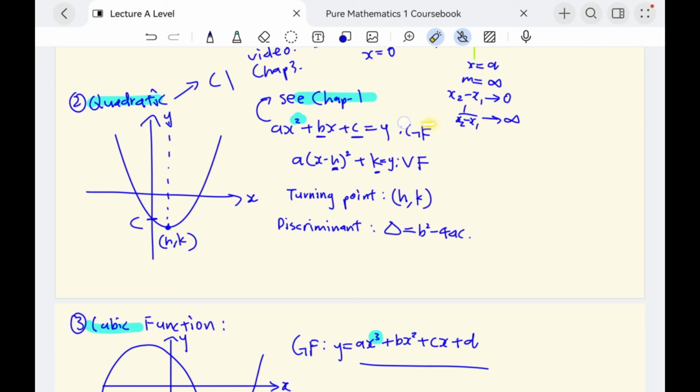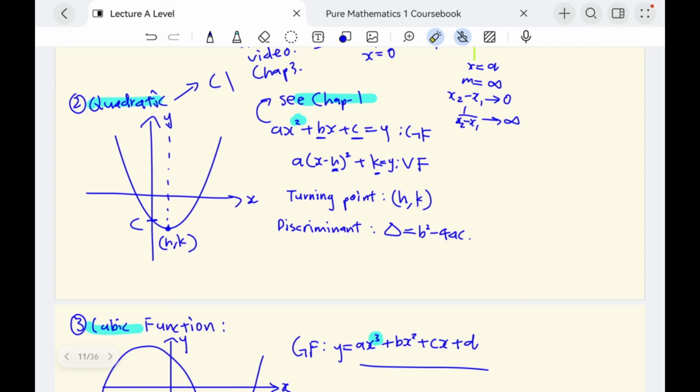So as you know, the general form is ax squared plus bx plus c equals y. This is the general form, but the vertex form is a times (x minus h) squared plus k equals y. And this is your vertex form. Alright? So what information can you obtain from the general form?